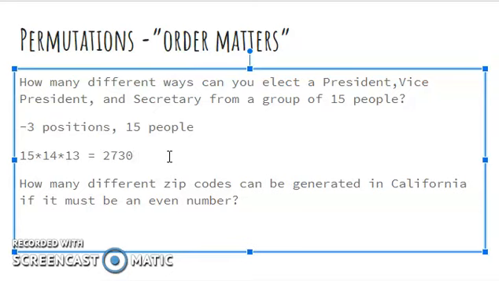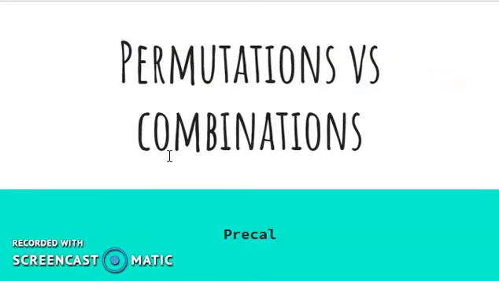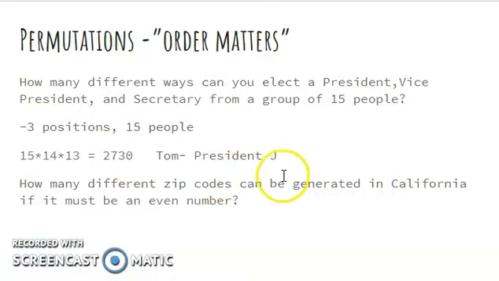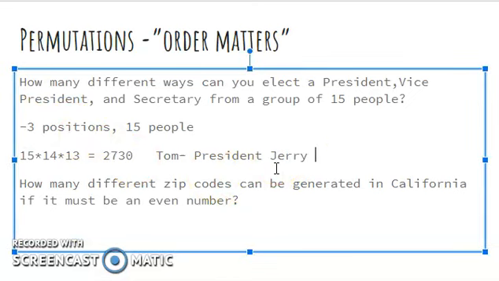Now what makes this a permutation is that order matters. So why does order matter? Because you can't just say, oh, I have Tom as president and Jerry as VP, and for example, Frank as secretary.